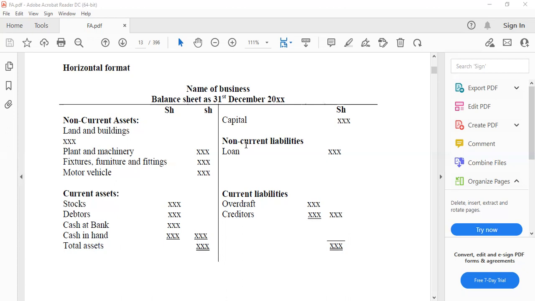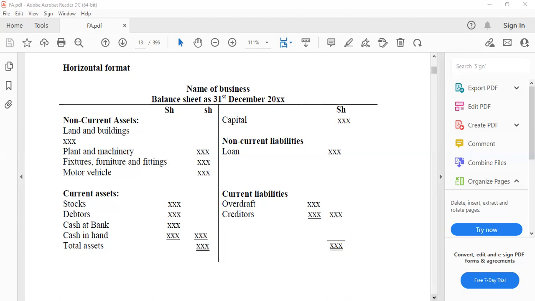When it comes to non-current liabilities, we have loans. Those are the major non-current liabilities. Current liabilities include overdraft, creditors, and other items we shall see as we continue. That is the horizontal format.